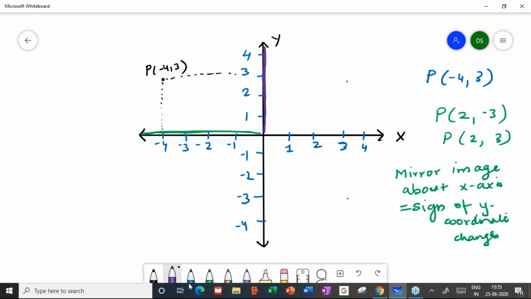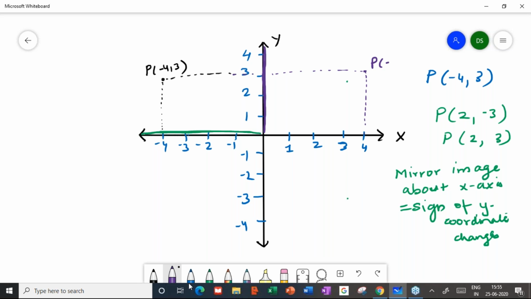So if I take a mirror image about y-axis, the sign of x coordinate changes. Write that down too. I'll just plot the point. I'm doing everything freehand here, right?